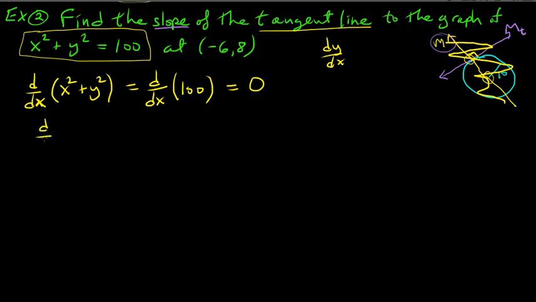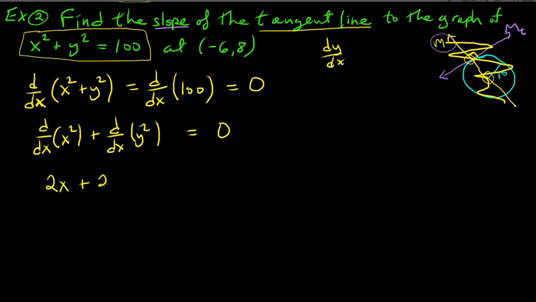So this is the sum rule. We take the derivative of x squared plus the derivative of y squared. And that's still equal to 0. The derivative of x squared is 2x. And the derivative of y squared is 2y. And that's still equal to 0.